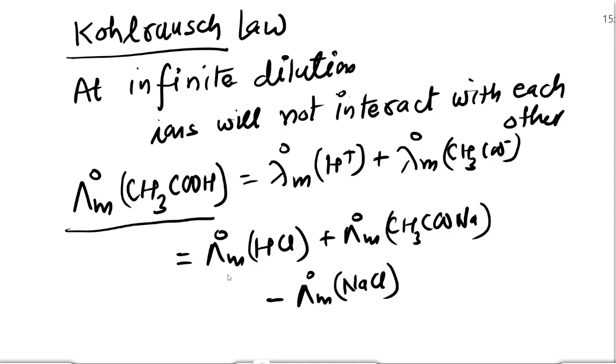This is the application of Kohlrausch law, by making use of lambda m naught of strong electrolytes, we can calculate lambda m naught of weak electrolyte.